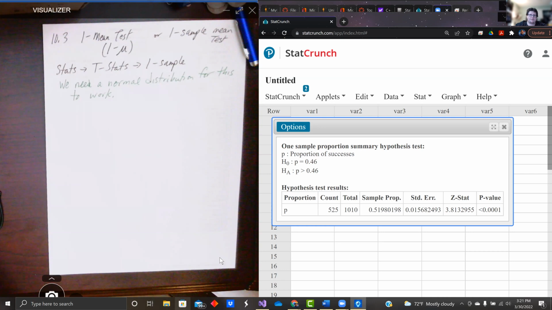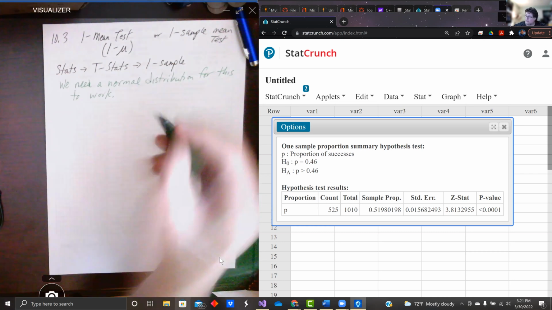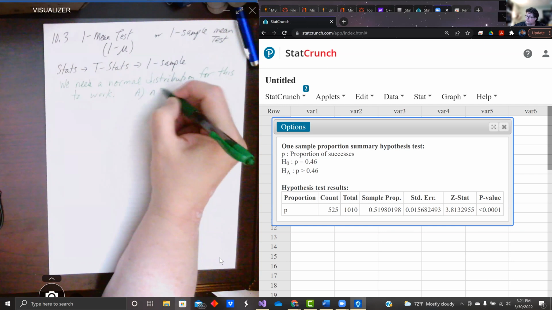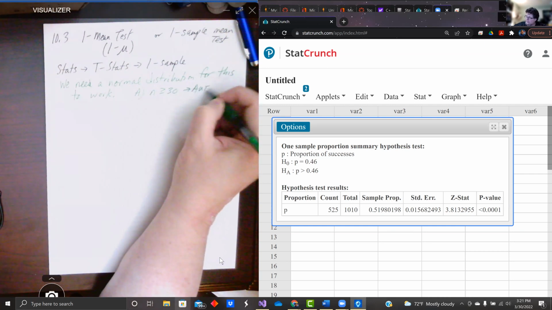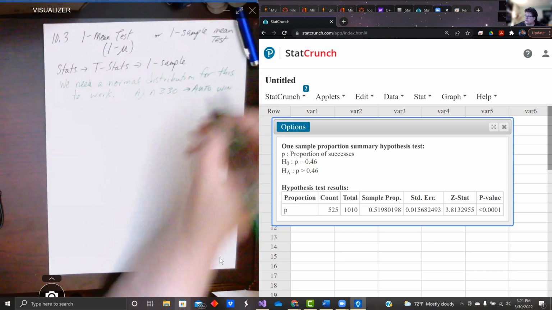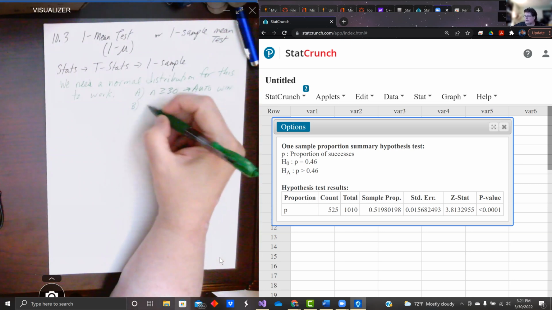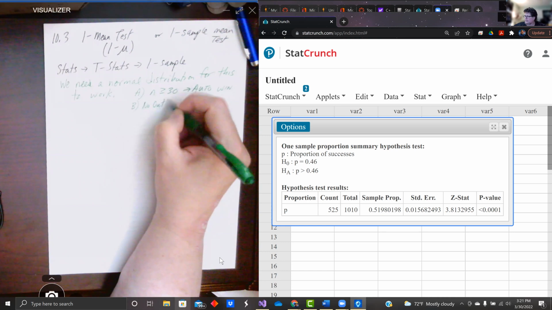So what are the steps for where we test for a normal distribution? We either want n to be greater than or equal to 30, and that was like an auto win, all done. Or B, we want no outliers on a box plot.